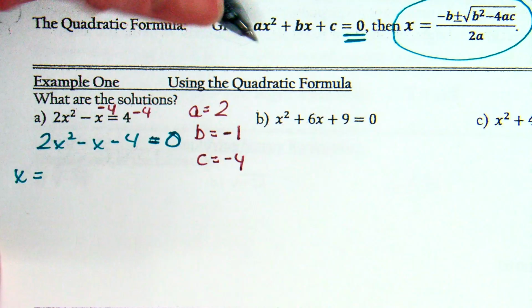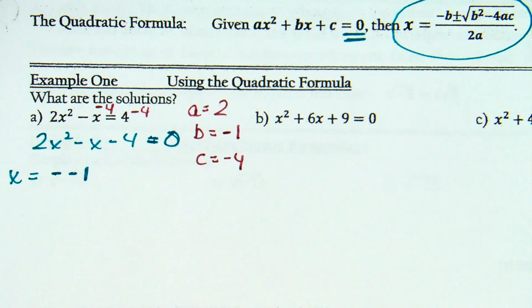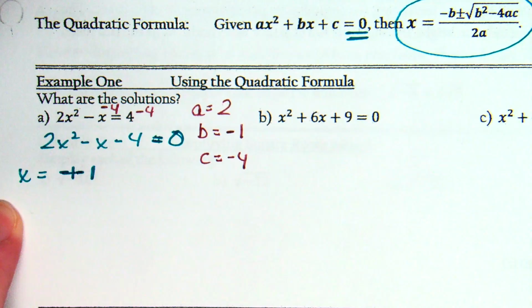Negative 1. Okay, so the negative of negative 1. Realize that negative of negative 1 is going to become a positive 1, right? Anytime we say negative b, it just means change the sign on b. And so this really just becomes positive 1.